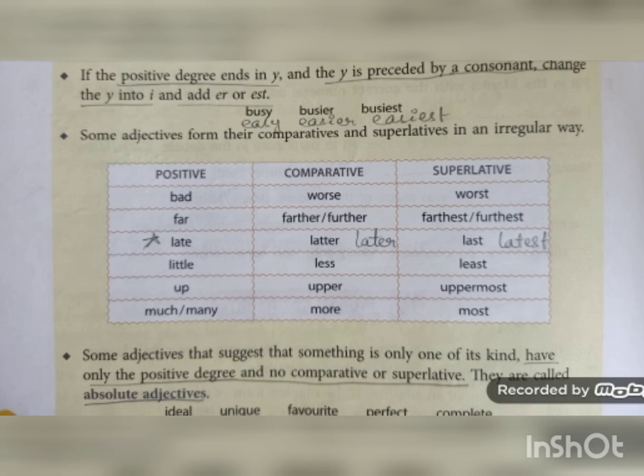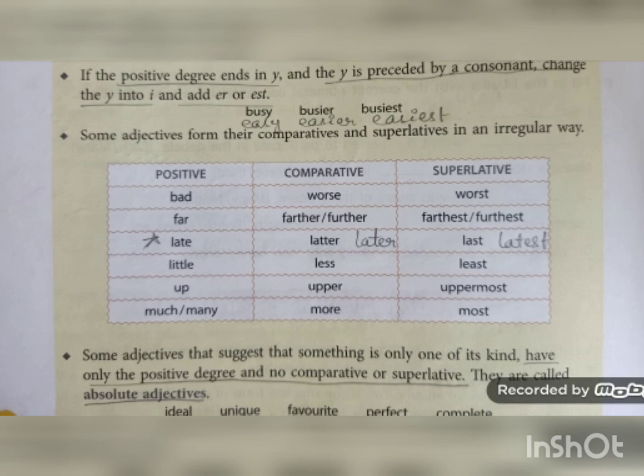Or we can write in comparative further and in superlative furthest. Similarly, late. Late in positive degree, in comparative we write later or latter, and in superlative we write last. Or we can write later in comparative and latest in superlative. Both are correct.